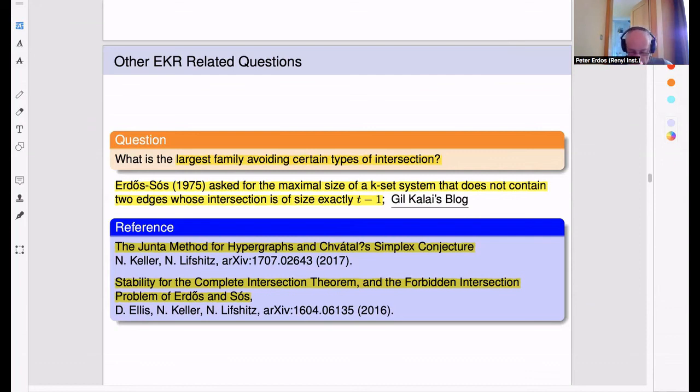And the third thing I would like to mention is that she said there are not too many extremal systems where left compression works. One example is if you are considering intersecting chains of subsets. You are given the Boolean set and you are looking for chains, sequences of bigger and bigger sets, and two chains intersect if they contain a common subsystem.